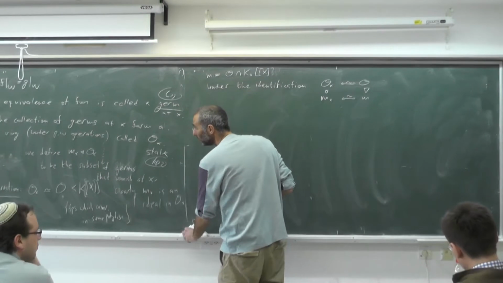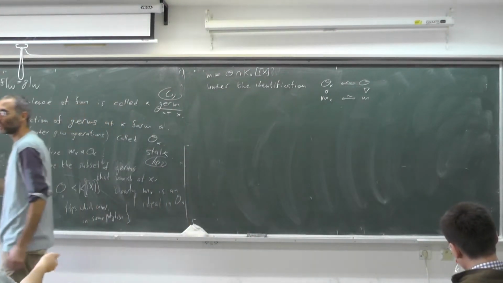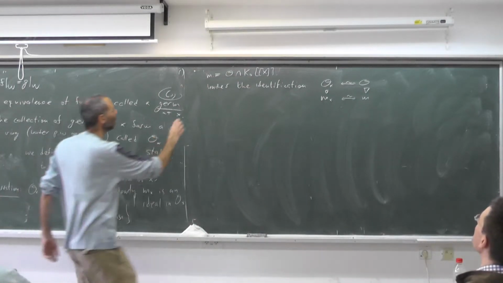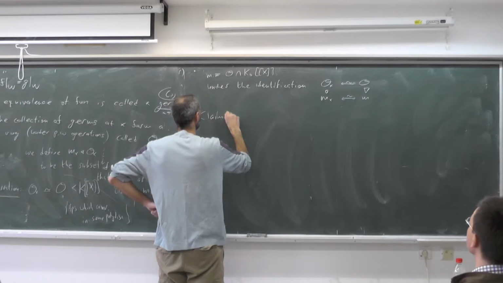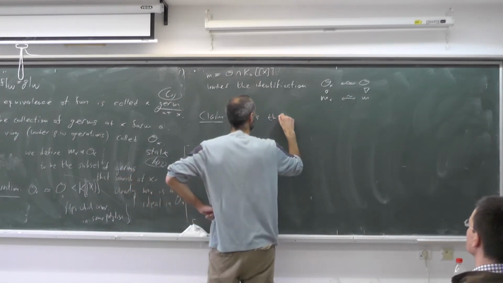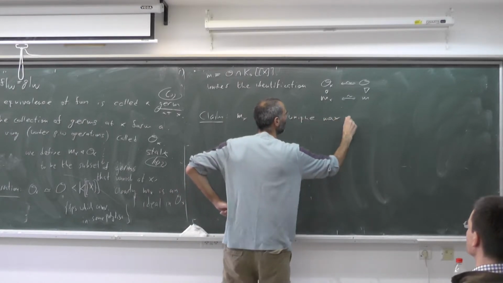And now I want to claim that all those guys are local rings, and m_x is the unique maximal ideal in O_x. Claim: m_x is the unique maximal ideal in O_x.